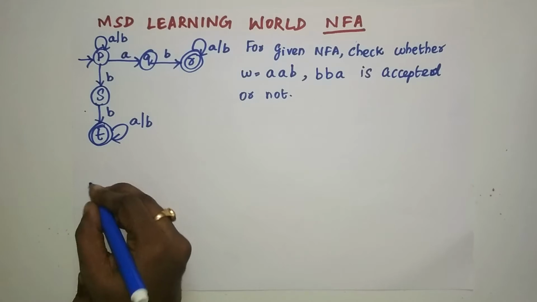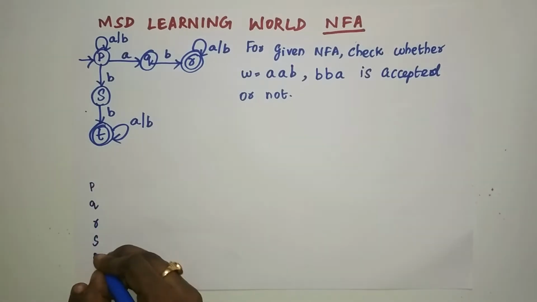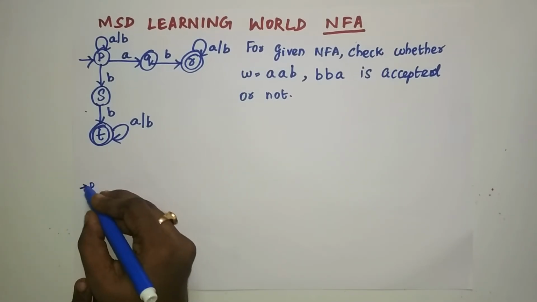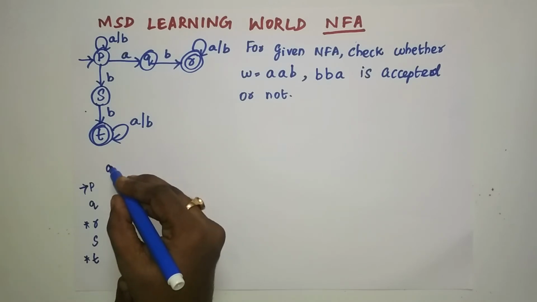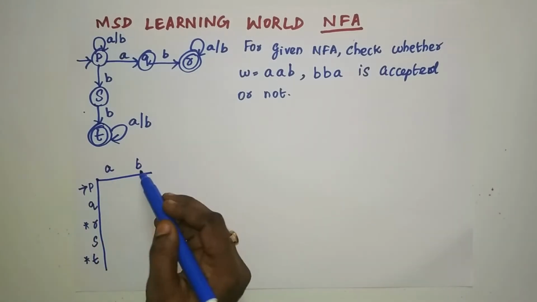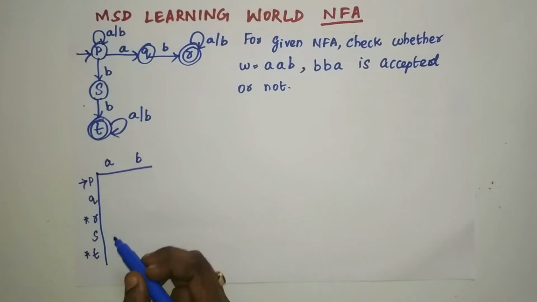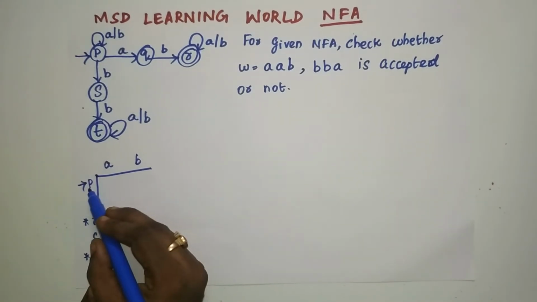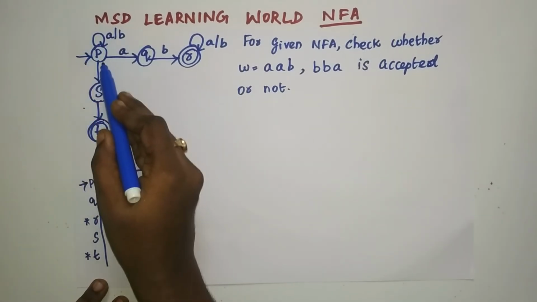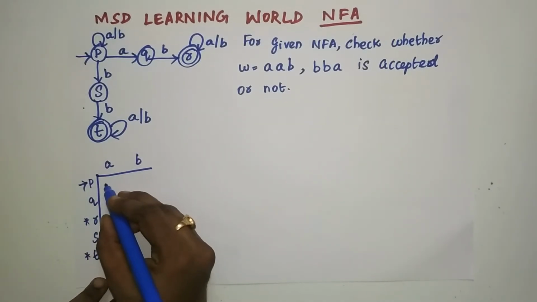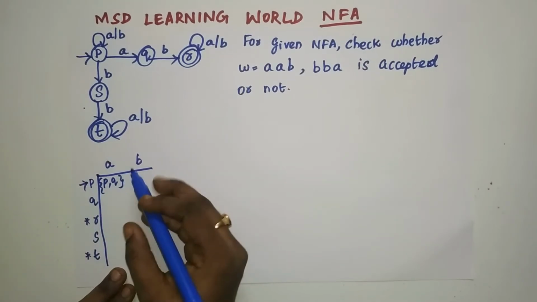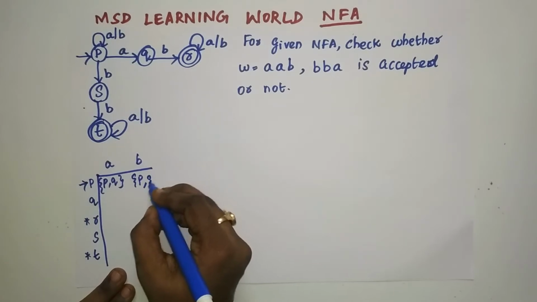The states are P, Q, R, S and T. The final states are R and T. The initial state is Q. The input alphabets are A and B. Here, P on A goes to the same state P as well as to Q, so you can write it as the set {P, Q}. P on B goes to the state P as well as to S.